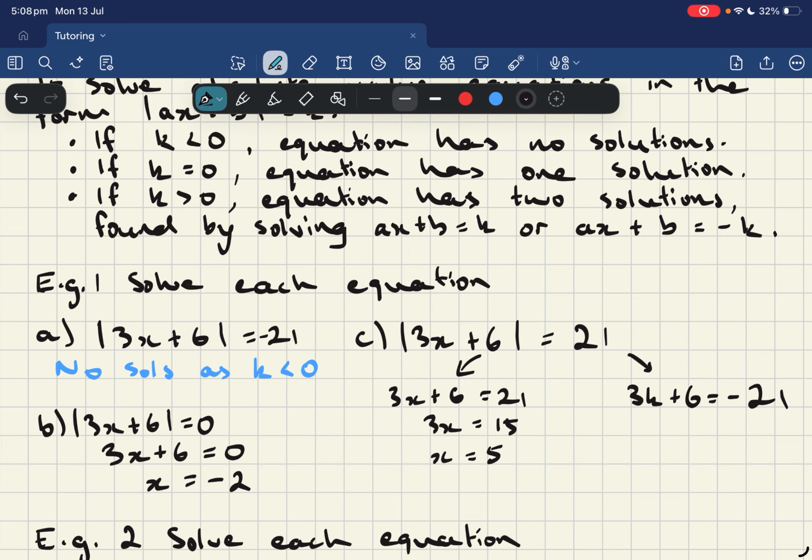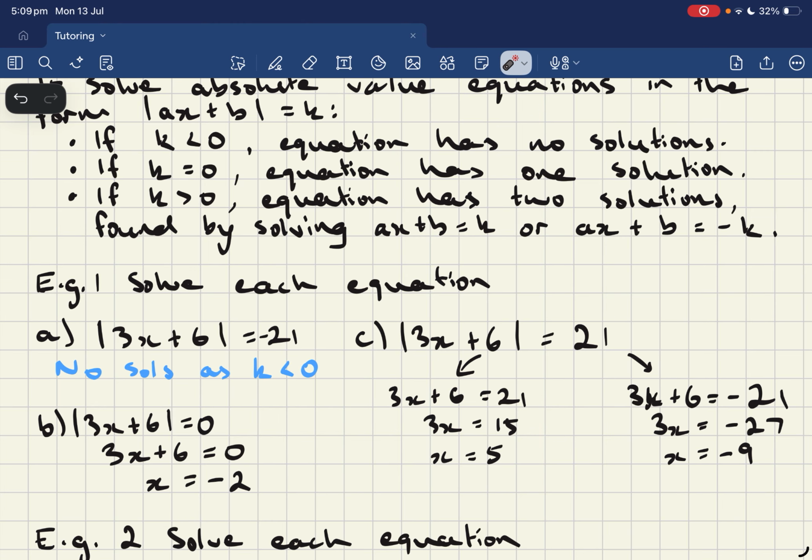We're going to do the next one over here. So we're going to subtract 6 from both sides. We get 3x, I should say. Let's just fix that up a bit. So 3x equals negative 27. And x equals minus 9. Let's just check this one by substituting it back in.